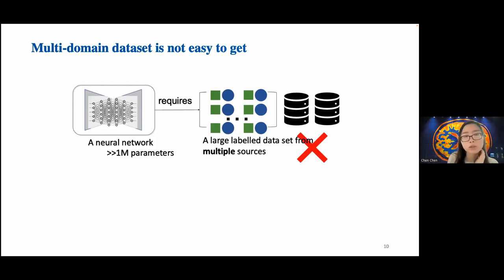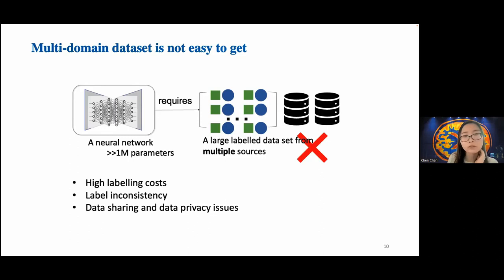There are several reasons. Firstly, it has a very high labeling cost, because unlike natural images, medical images typically require medical expertise or knowledge to identify the region and then perform the segmentation. It usually requires paying more money to do it.